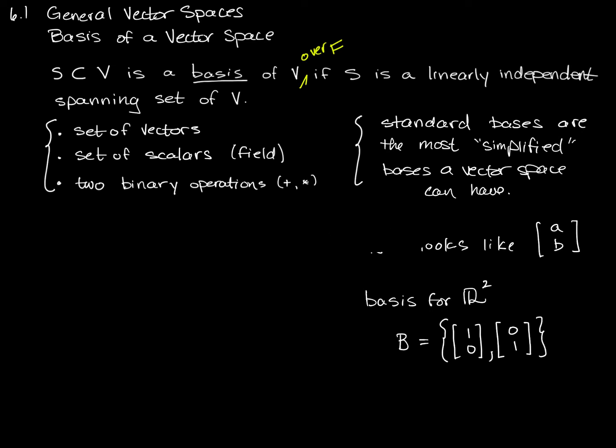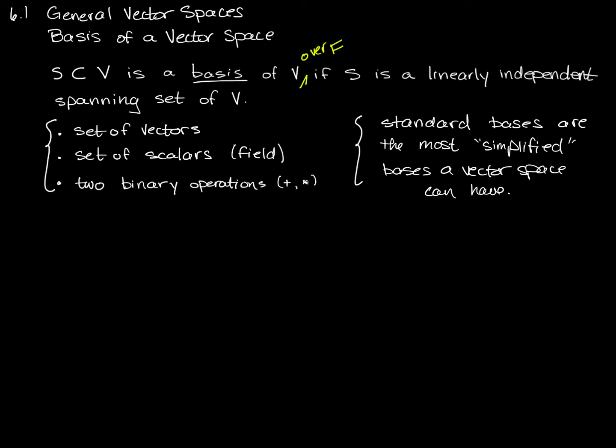Let me erase this. That was just an example. So those are the things I wanted to remind you of. What I'm going to do now is talk about an example of a basis of a vector space that we haven't talked about yet so far, and that is the complex numbers.